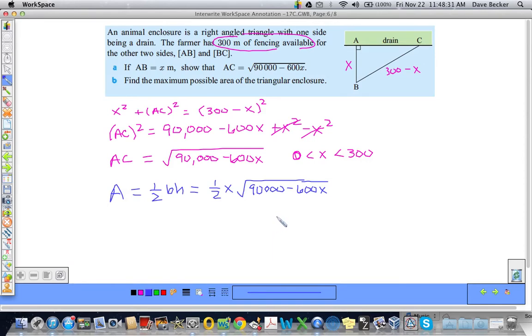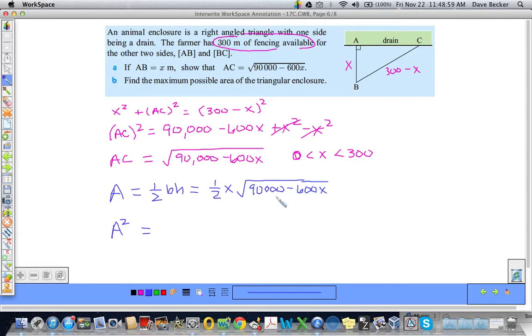Now I look ahead, and to find the maximum, I'm going to have to take the derivative. But this is pretty ugly. And this isn't 1/2 times, this is 1/2 x. So if I square it, I'll get rid of the square root, and things will be a lot simpler. So I'm going to say that A squared is equal to, and I just have to square this.